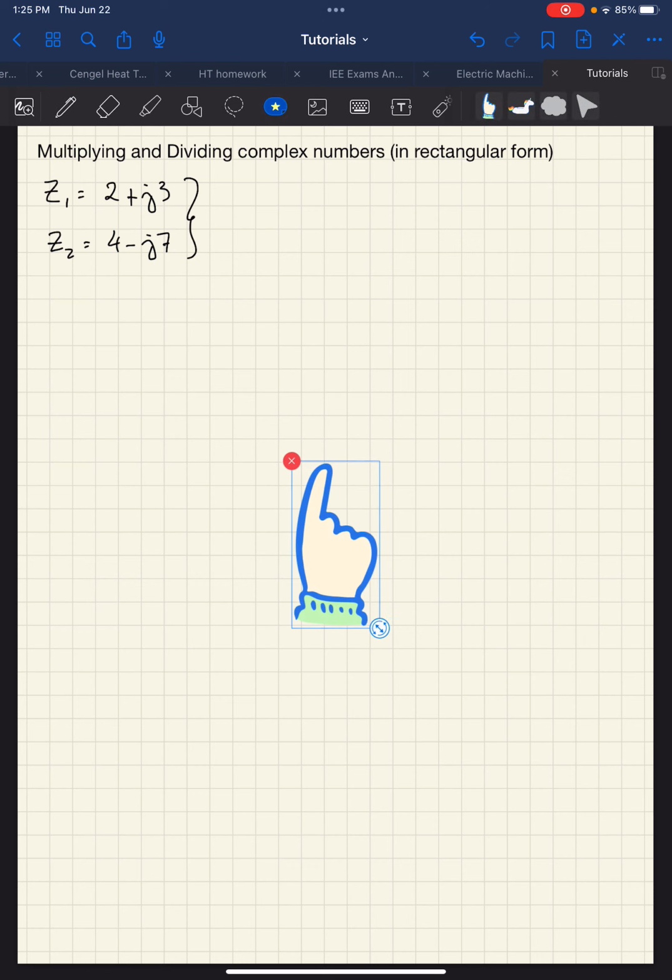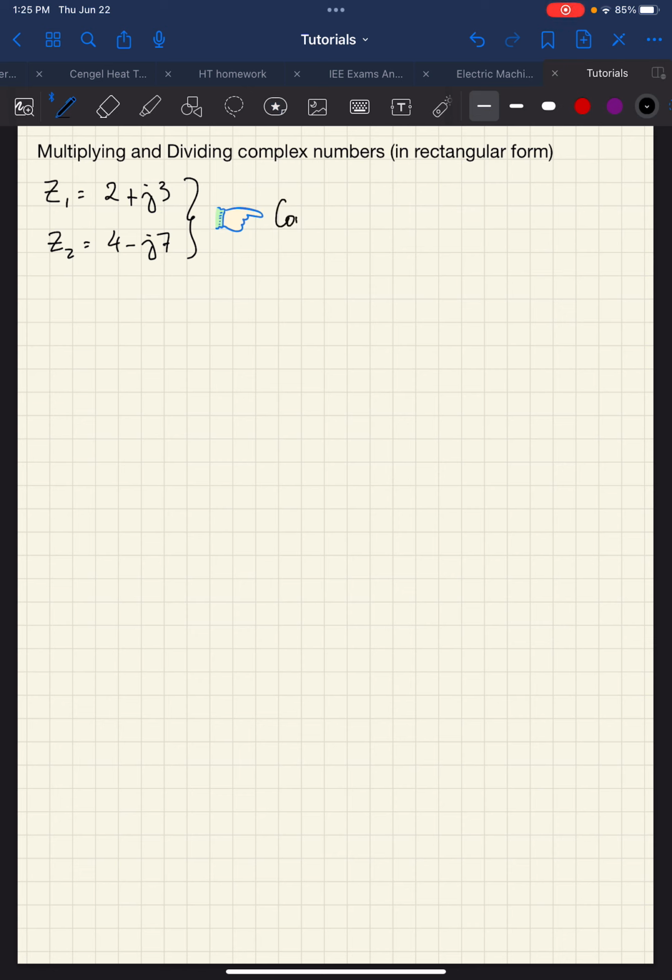So you're going to have to take these, convert to polar form, and then multiply or divide. This process may look a little bit more difficult, but it's really not.